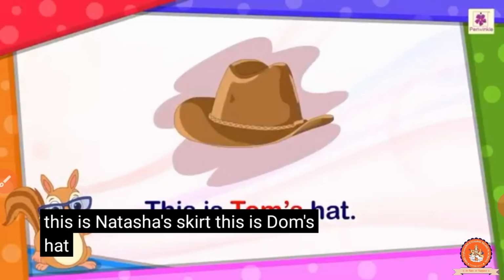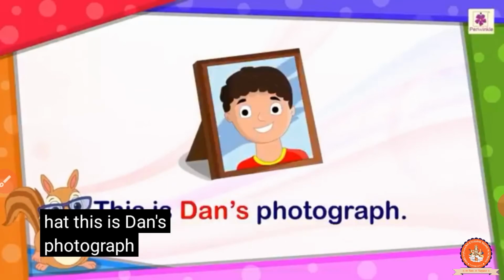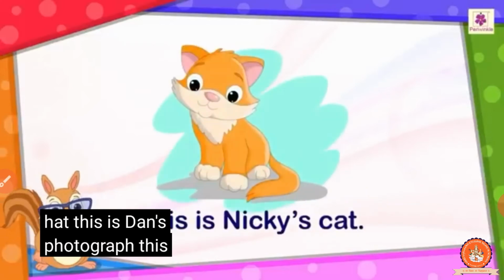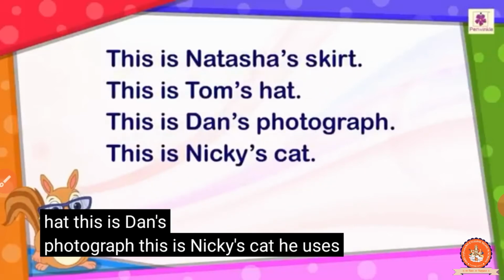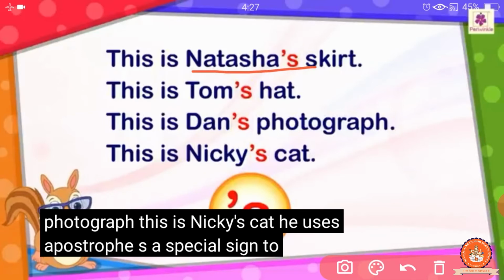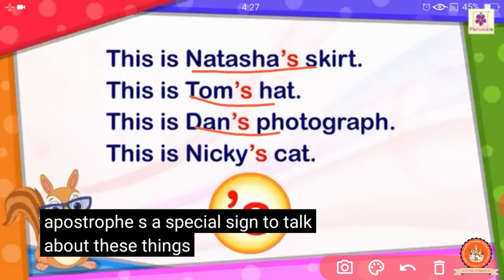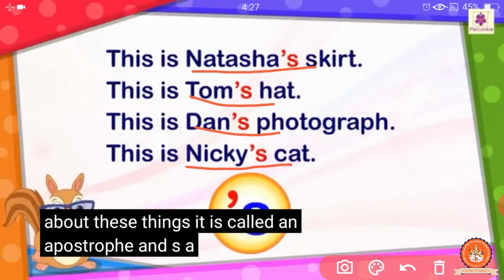This is Tom's hat. This is Dan's photograph. This is Nicky's cat. He uses apostrophe s, a special sign, to talk about these things. It is called an apostrophe and s.